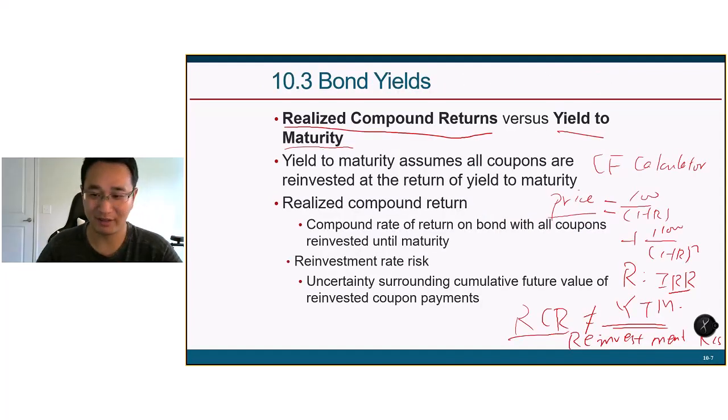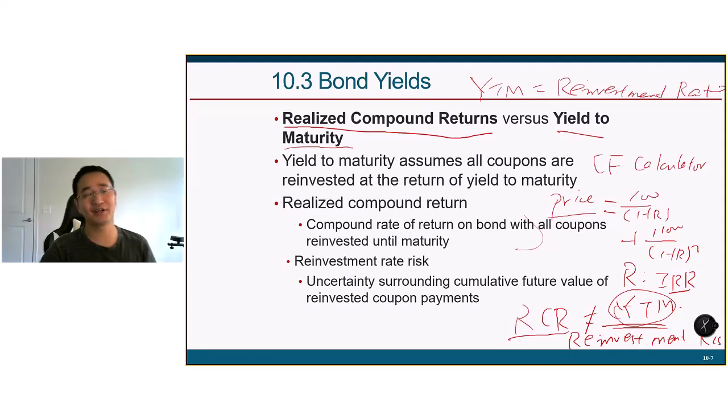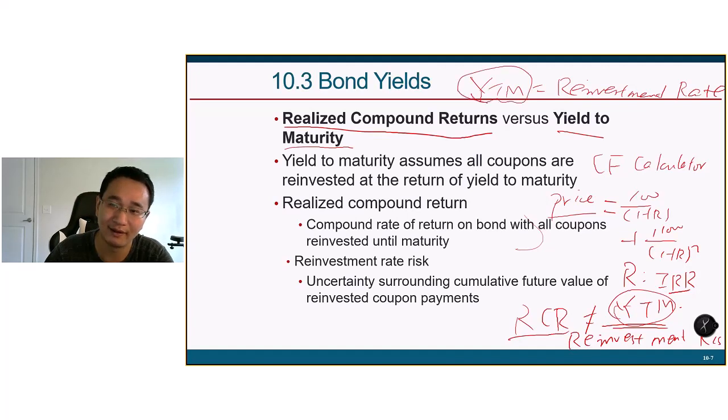So this is a really important concept. Yield to maturity will equal your realized compound return if your yield to maturity equals your reinvestment rate. In reality, it's not the case because interest rates change every day.